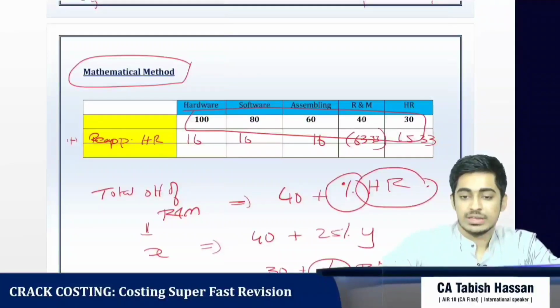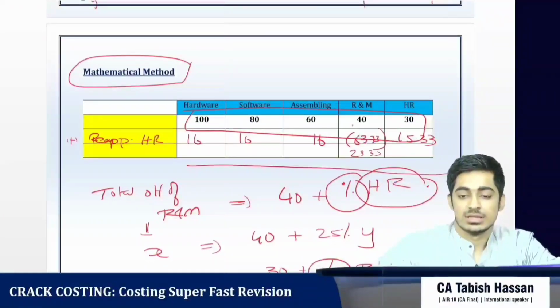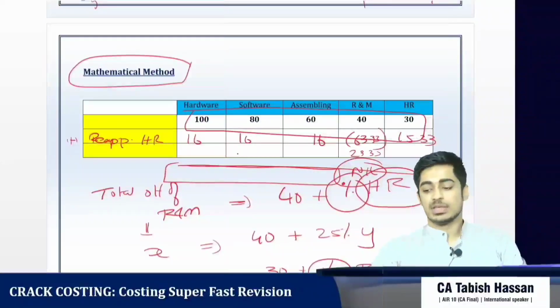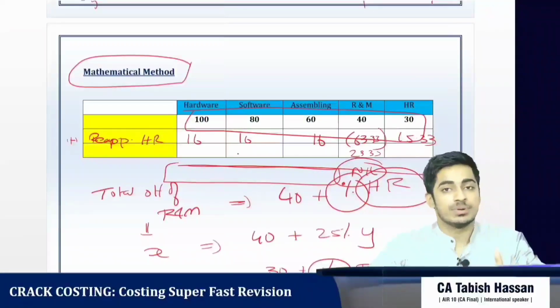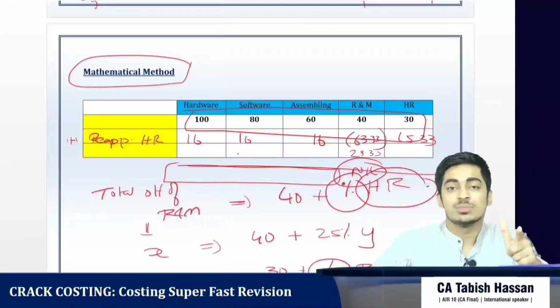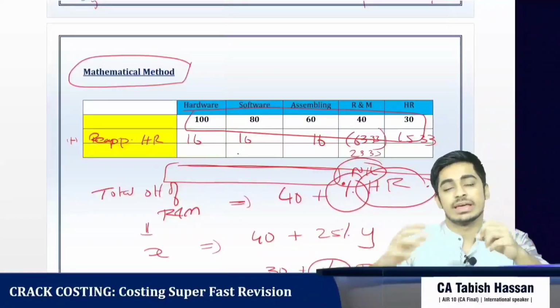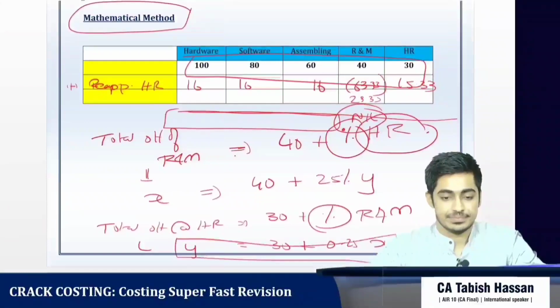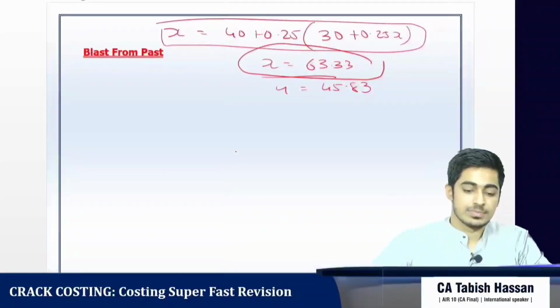So again, 40, 63.33. Here again, we will have to put 23.33 when we are distributing this amount. So based on that, this entire amount becomes nil. The service department amount becomes nil. We get the total overheads for the production department, use a suitable basis, get the overhead recovery rate and charge it to the cost object. Simple.